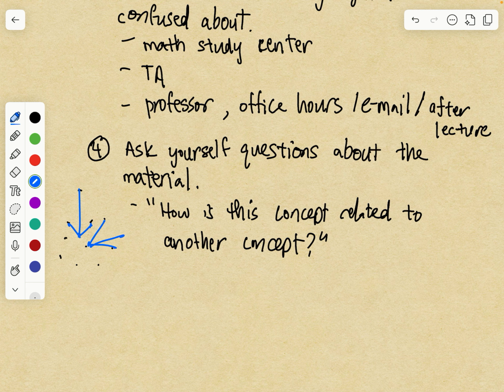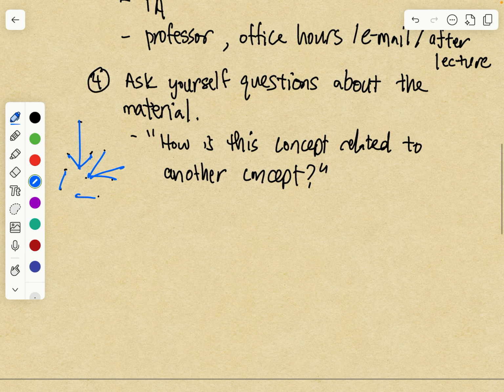How these different concepts are related. And that's going to be much easier to remember and understand. And you'll learn more by seeing the connections between the different concepts. And it's not like every concept is directly related to another concept, but oftentimes the concepts are related.